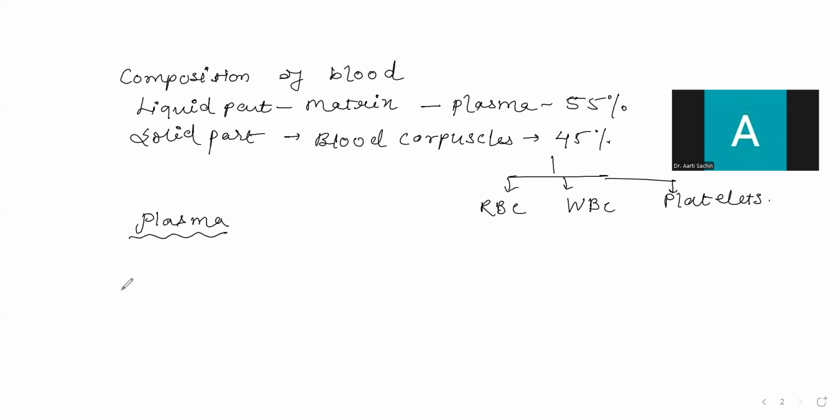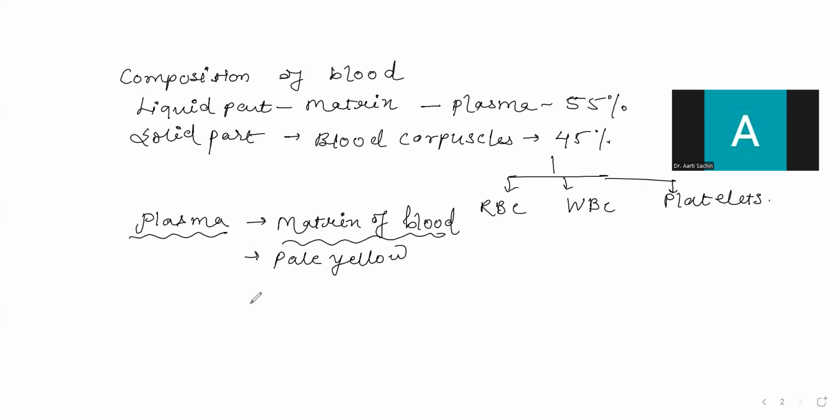Plasma is the matrix of blood. It is pale yellow in color.